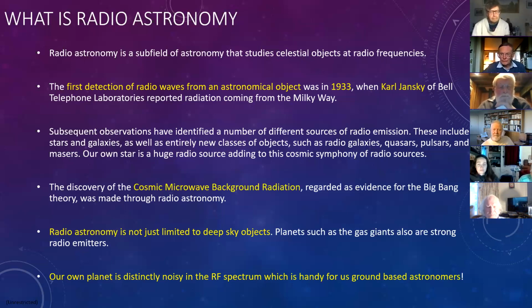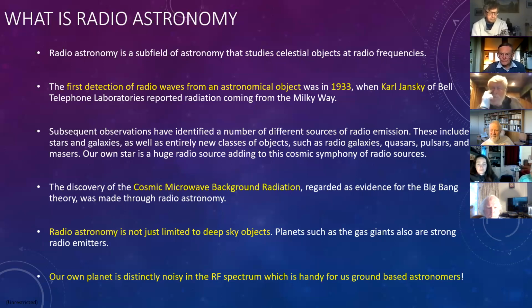And radio astronomy really isn't just limited to deep sky objects either. Planets like Jupiter are massive radio sources, and using some pretty simple equipment, you can receive the noise from the gas giants, particularly Jupiter, which has a massive effect on our solar system.